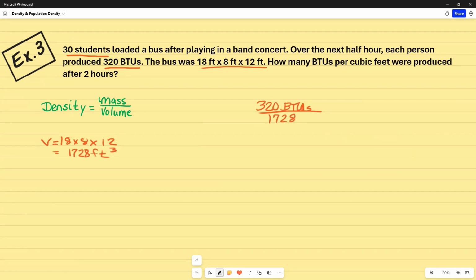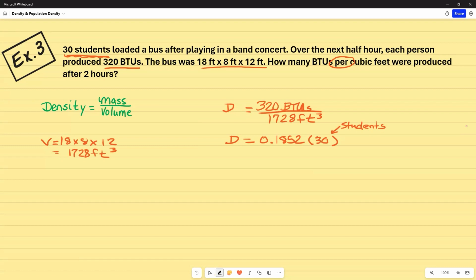So by default, based off of what's given, we have to find how many BTUs per. There's that key word. So that tells us that we're looking for density. So if the D is already on the side by itself, you just divide the right-hand side. So once I divide, I am going to have a density of, rounded to the 4th place, 0.1852.